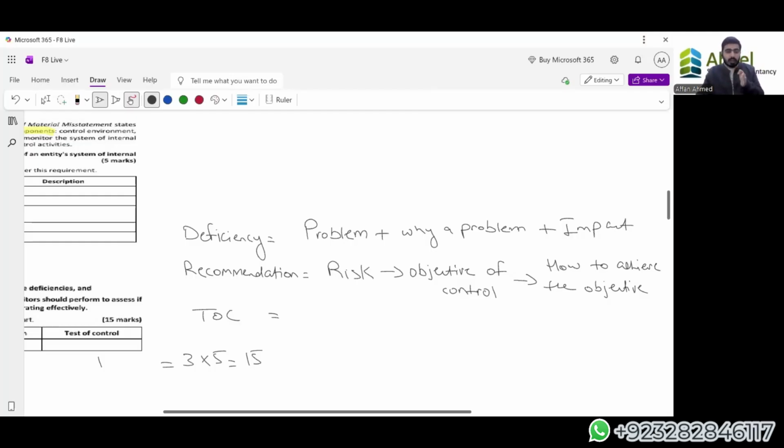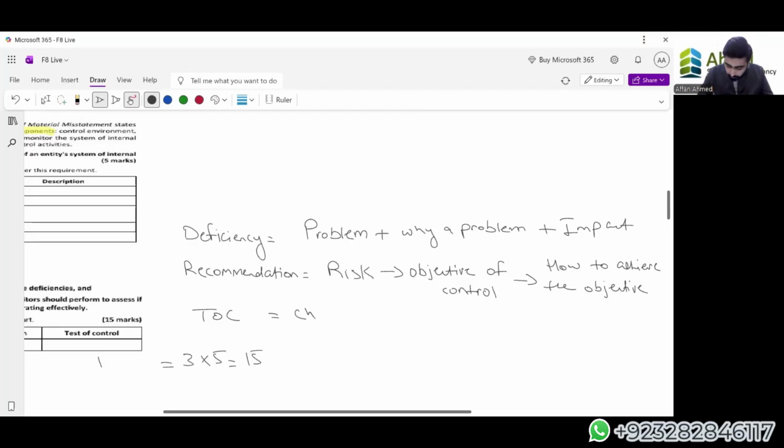So, if I have a camera implemented, does it mitigate or reduce the risk of theft in the particular room or not? That is what test of control will be. You are just going to check whether the control I have recommended is fulfilling the objective or not.